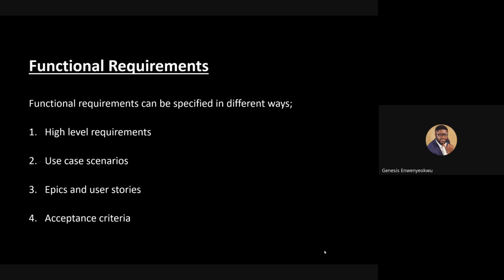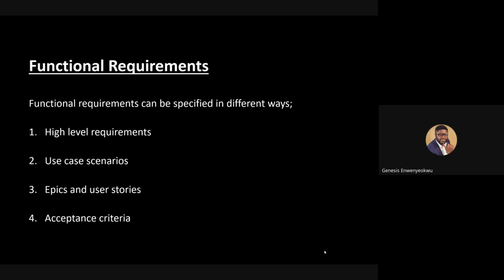Then we have a low-level abstraction of specifications. This low-level abstraction includes use case scenarios, or what you can also call use case specification. That is another example of the ways we specify requirements.